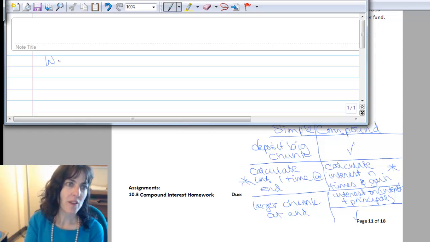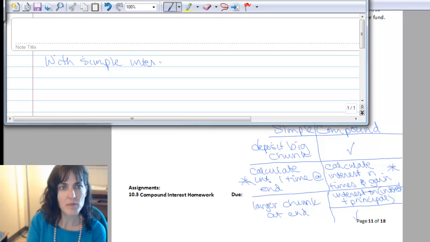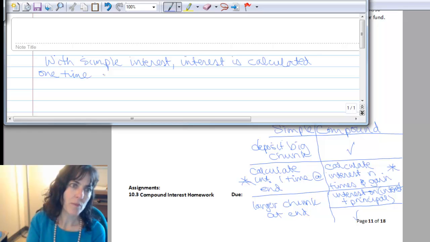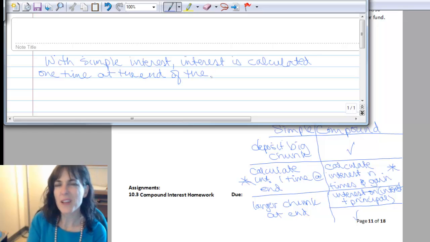So with simple interest, interest is calculated one time at the end of the investment period, and then time for our magic word, our math difference word, while.